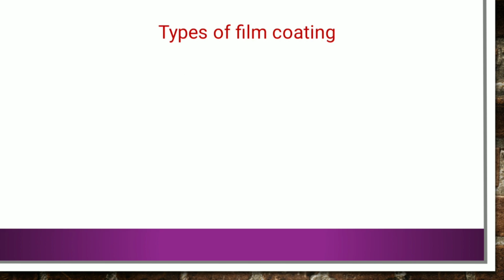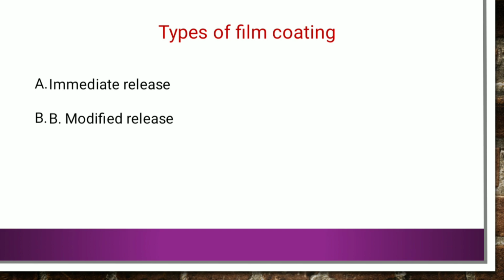Then film coating can be of the following types: the first one, immediate release, and the second one, modified release type. Basically the ideal properties of a film former are that it should be sufficiently soluble in the coating solvent.